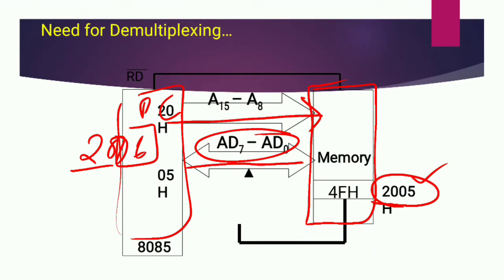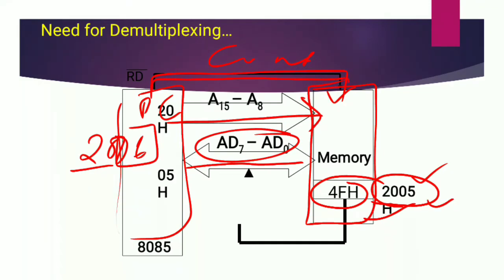So my microprocessor wants to read data from this location. The microprocessor generates a read signal through the control bus saying that it wants to access the data of location 2005.